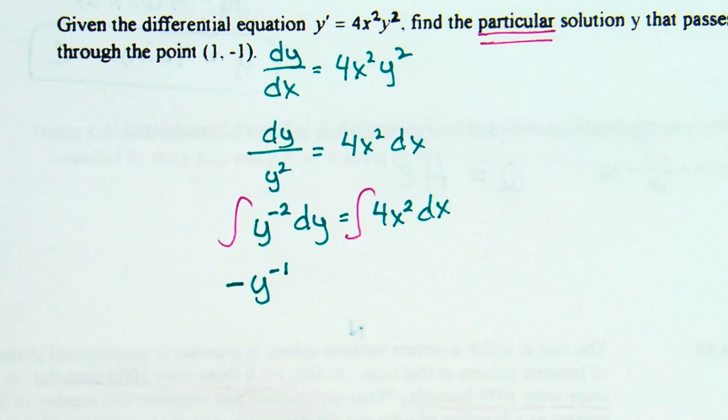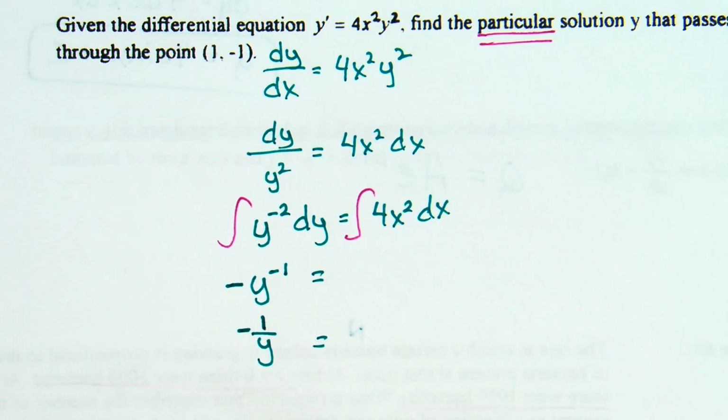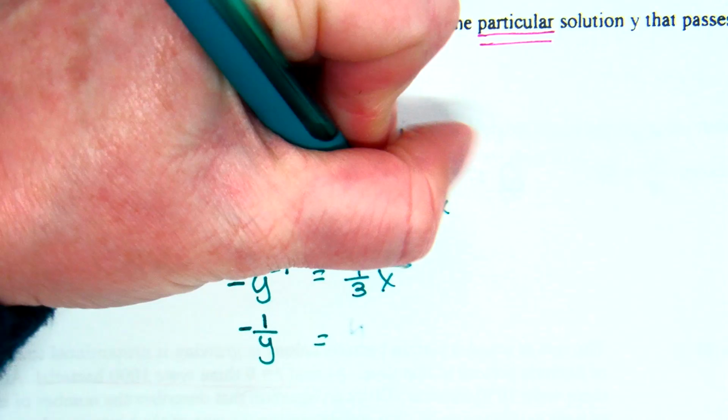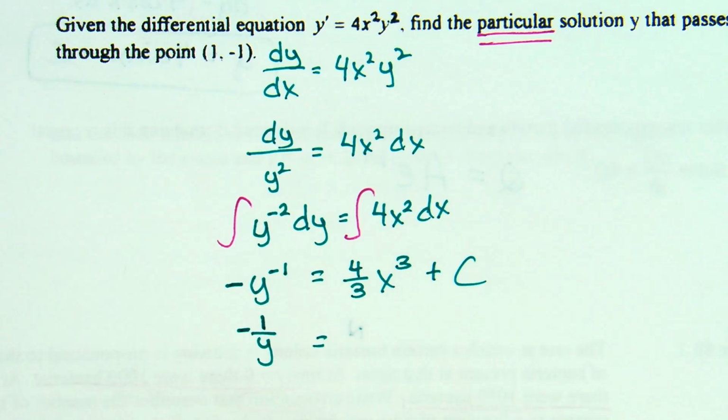But yes, the next step I would say negative 1 over y. What's the integral of 4x squared? Add 1 to the power, divide by the new power, so 4/3 x cubed plus c. So now negative 1 over y equals 4/3 x cubed plus c.